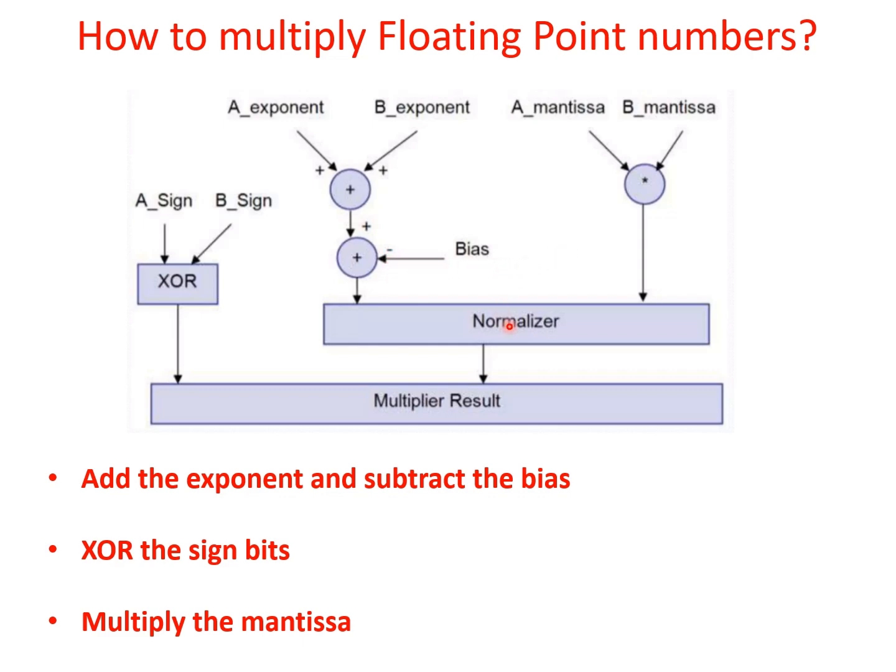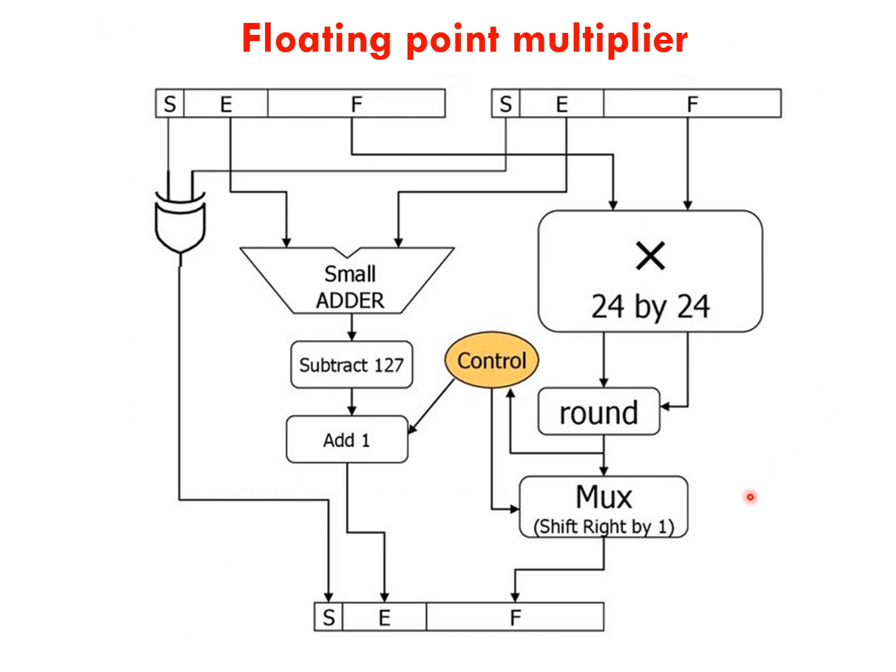Then you need a normalizer, and you are multiplying number A's mantissa and number B's mantissa, and you have to use a normalization again, and this one is giving you the result. So the procedure for multiplication is: add the exponents and subtract the bias, XOR the sign bits, and multiply the mantissas. So let's see the hardware for it.